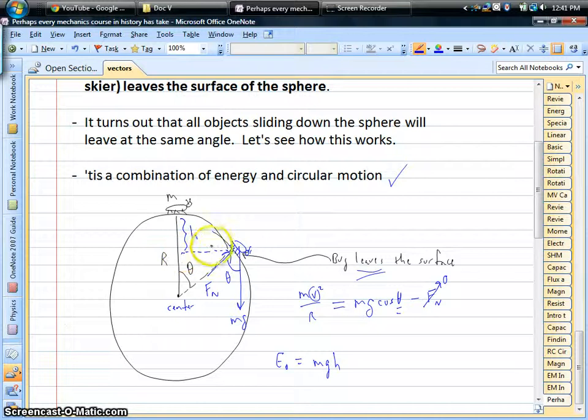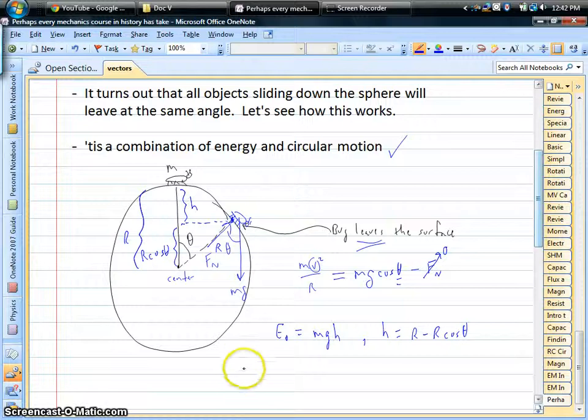Fortunately, we have a little triangle here, where the hypotenuse is the radius of the ball. This part of the triangle is going to be r cosine theta. The height you're starting off at relative to the center is the radius. So the height fallen is going to be the radius minus the radius cosine theta. That's the difference we want.